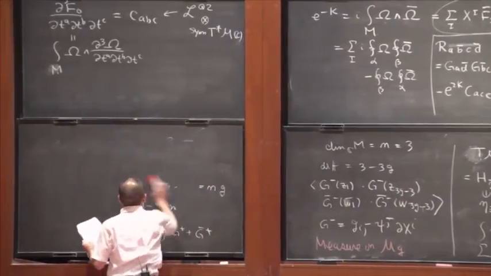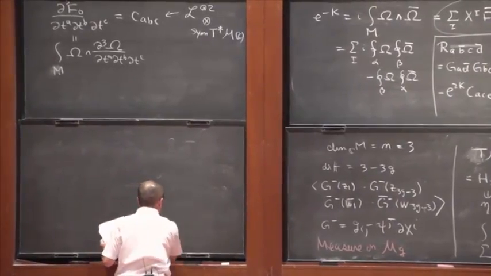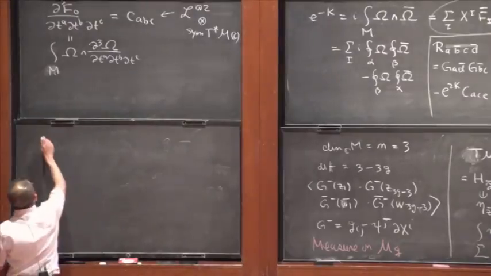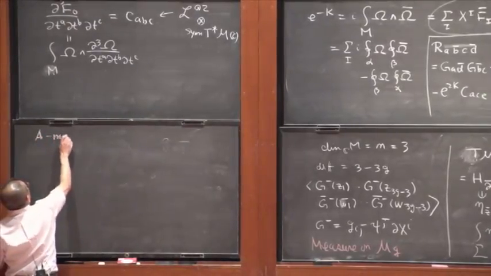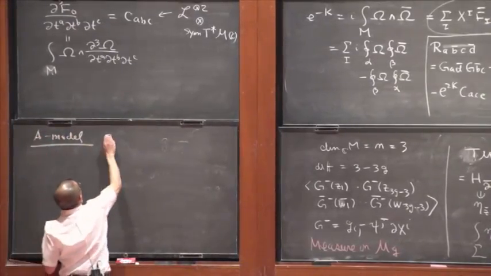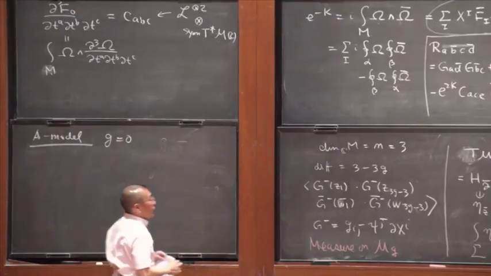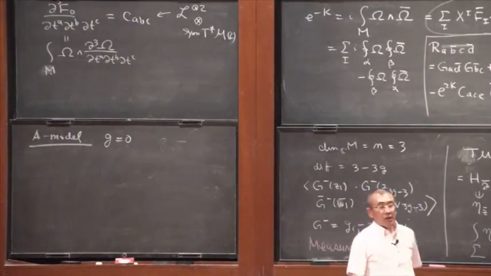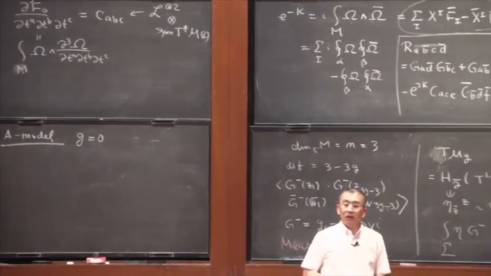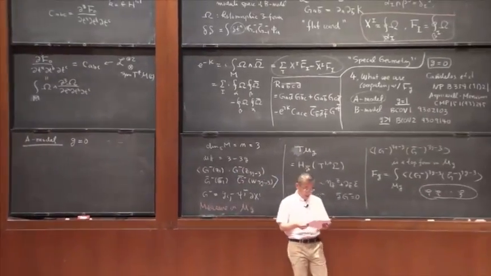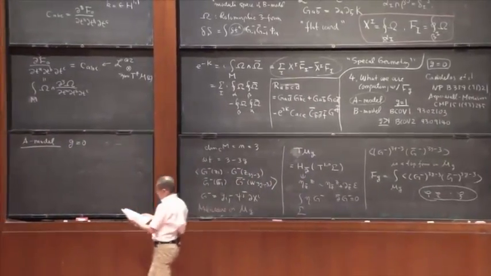So let's first discuss the G equal 0 case, the genus 0 case. This is something that was initially worked out by Candelas et al. based on an example and proven by Aspinwall and Morrison.